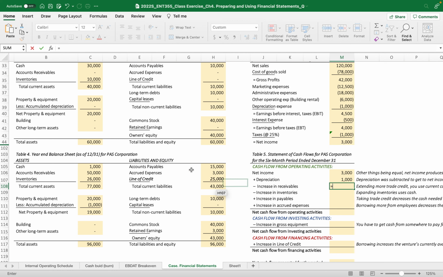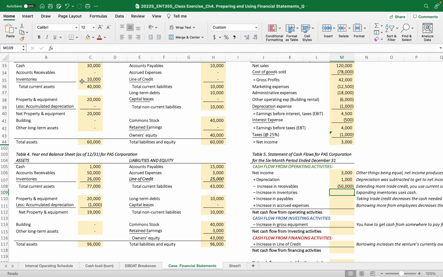That's why, if the accounts receivable has been increased, I'm gonna put minus. We are showing the actual cash direction, right? So accounts receivable increased, that means the cash is down.